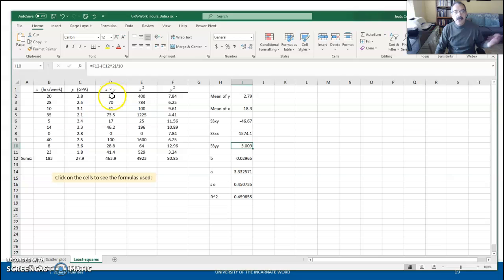If you want to see how I calculated the product, click on it and you see the formula. If you want to see how I calculated the square values, click on it and you see the formula. If you want to see how I calculated the sums, here are the formulas. If you want to even use Excel to calculate the other coefficients, you can click on each of these cells and see the equations that I used.